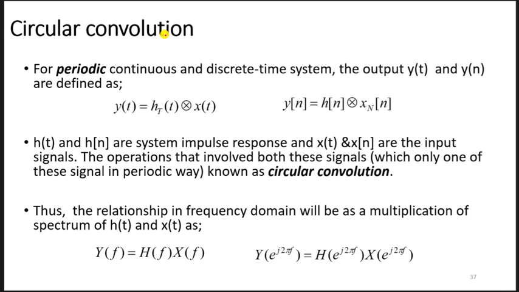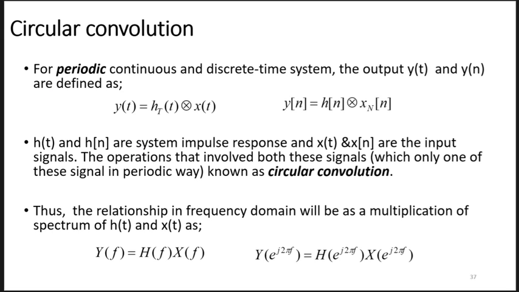Okay. Now, circular convolution adalah untuk periodic. For periodic continuous and discrete time system, the output of yt and yn are defined as such. Alright. So basically, circular convolution is when the signal is periodic. Okay.